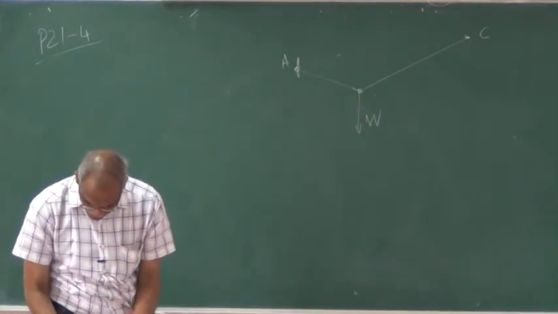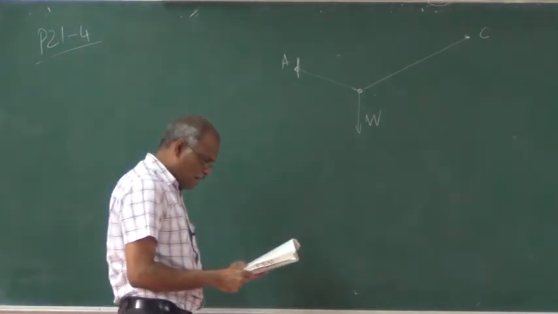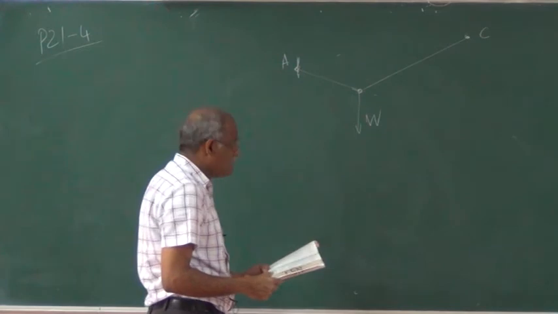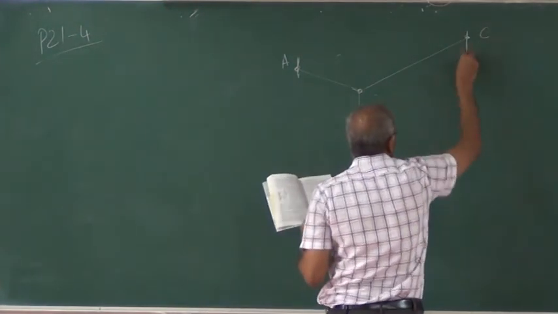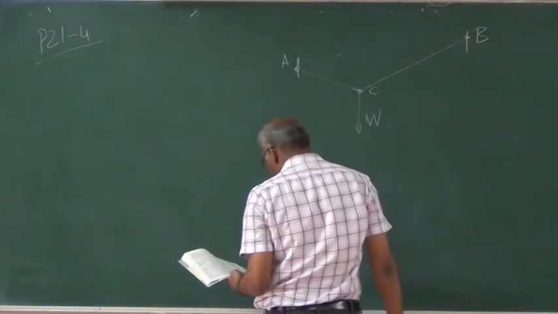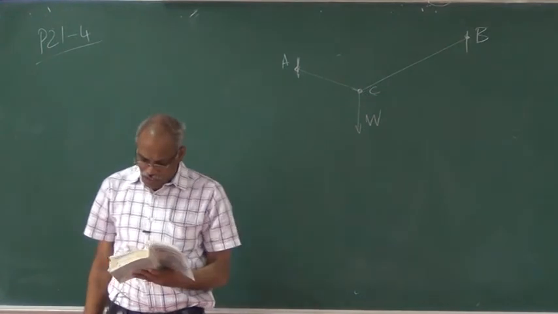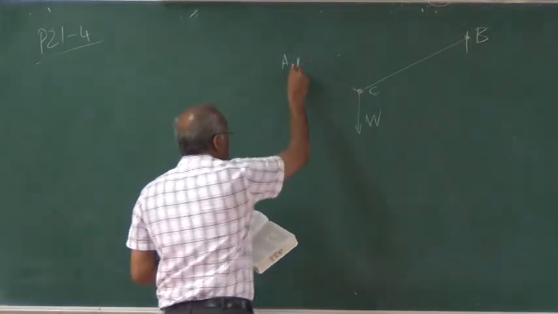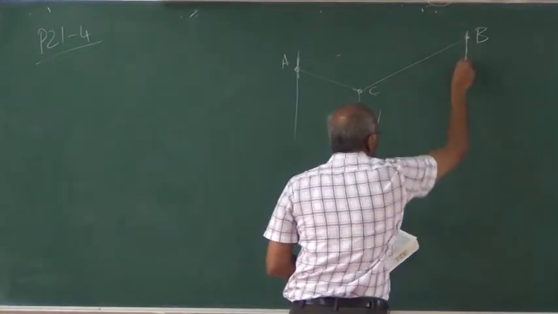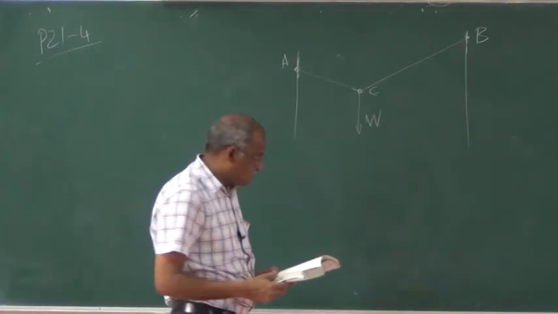Let me read it. A chord A, B, C. In this case, this point is taken as B, this point is taken as C. The chord of ACB, the length of 20 meters.